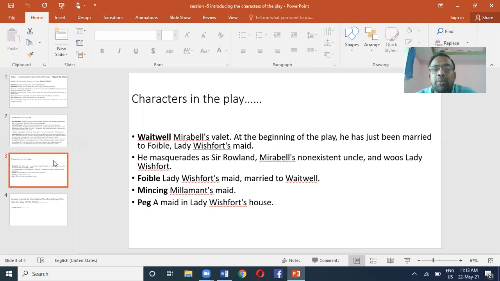Foible, Lady Wishfort's maid, married Waitwell, I told you. Both were servants and maids, and they married each other. And Mincing, Millamant's maid, and Peg, again a maid in Lady Wishfort's house. There were many assistants and maids working in the big house of Lady Wishfort, and almost everyone had a servant.